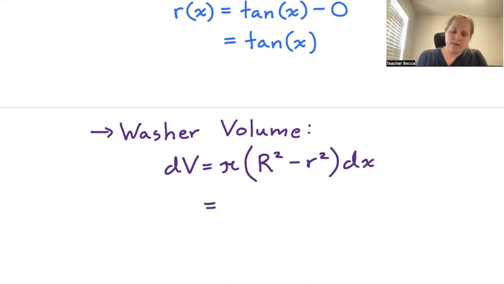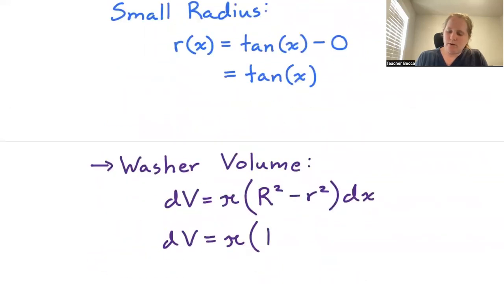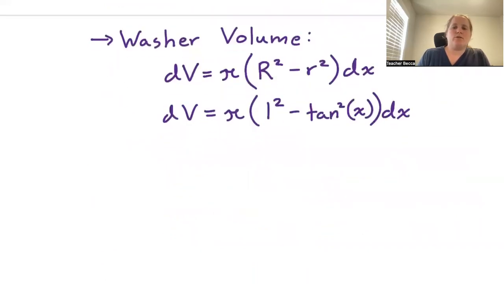So dV is equal to pi times 1 squared minus tangent squared of x dx.